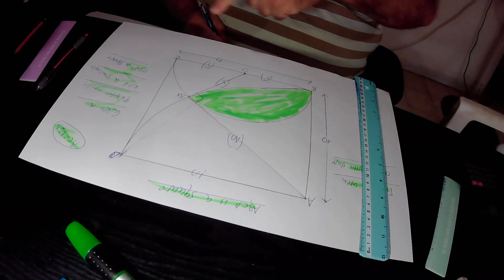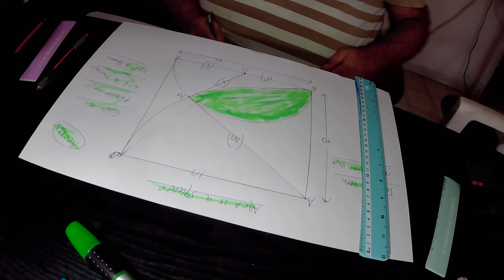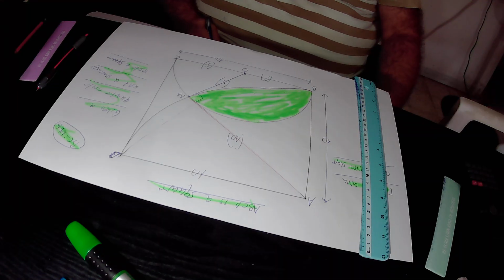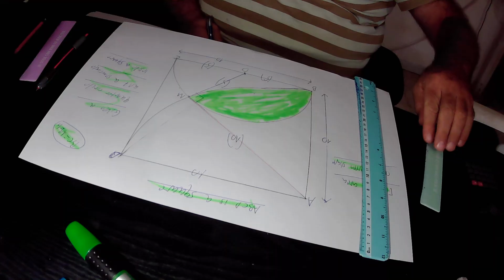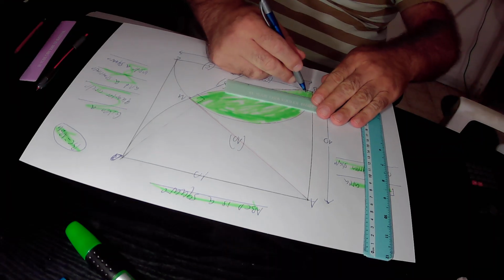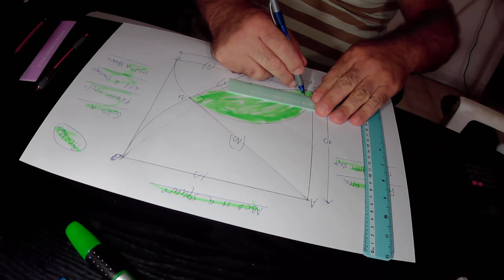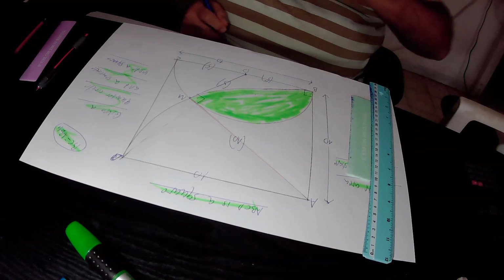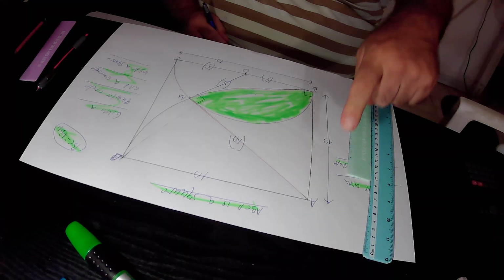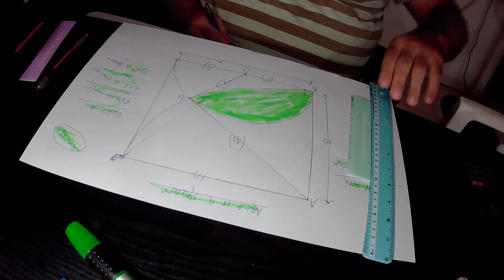We know that ABCD is a square, and all the angles inside the square are right angles. So angle ABC is a right angle. In the next step, we join points A and O together by a straight line.